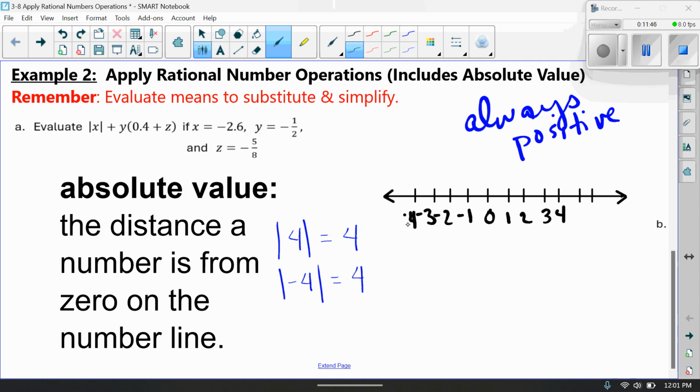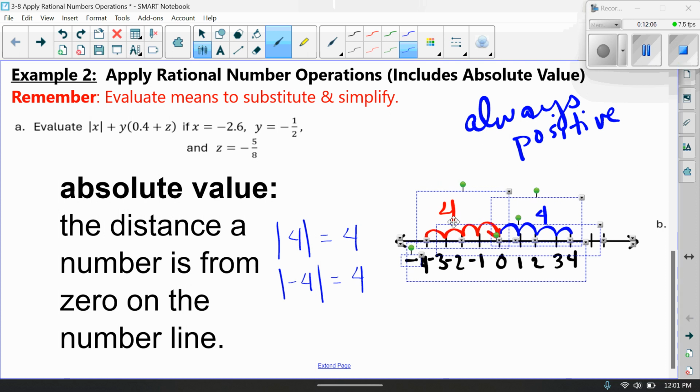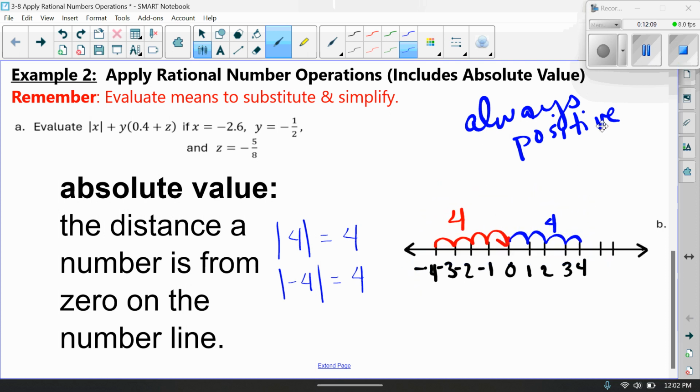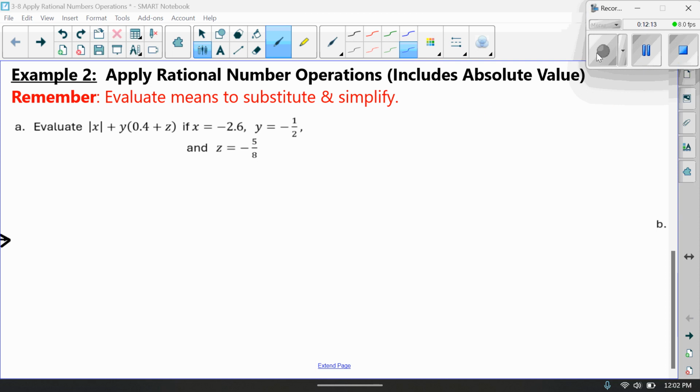So -4 over here is 1, 2, 3, 4 units away from 0. And over here, +4 is 1, 2, 3, 4 units away from 0 on the number line. So you can see both of their absolute values, both of their distances from 0 on the number line, is 4. Okay, so after that little review of absolute value, we can move on to the example.